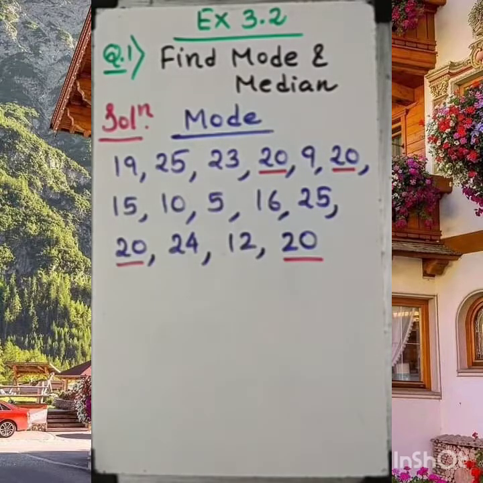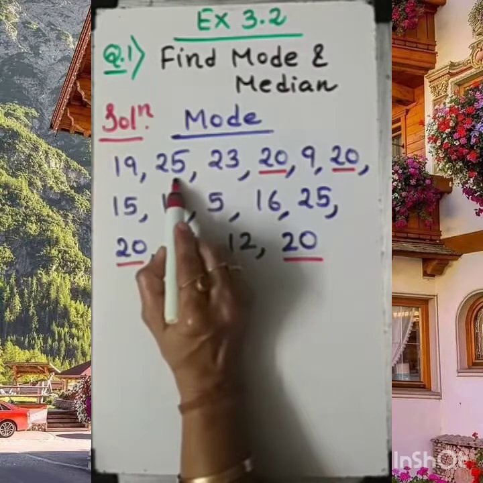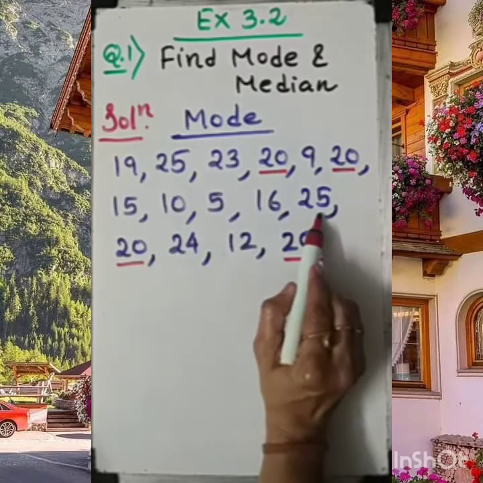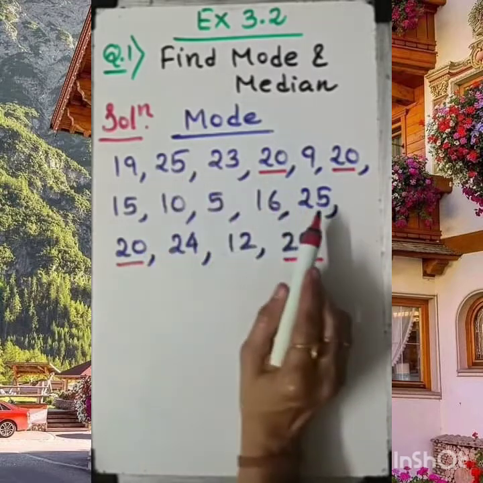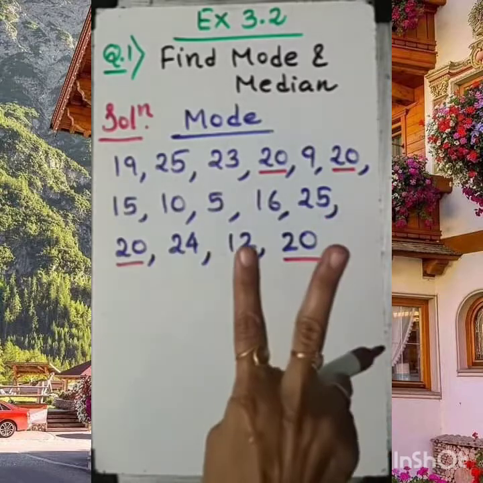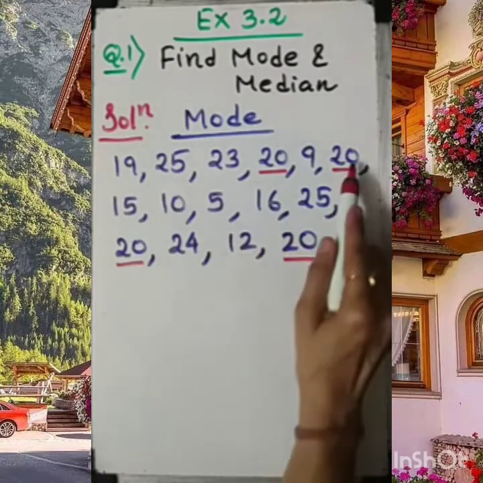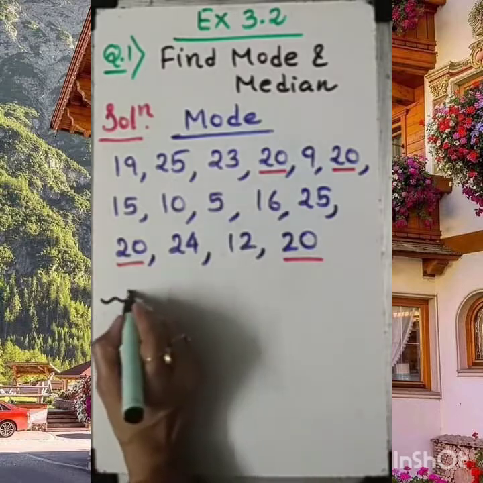This observation has been repeated 4 times in the given data, right? Beside this, 25 is also there, 25 is also there. This is also repeating. But dear student, this has been repeated 2 times and this has been repeated the maximum times, that is 4 times.